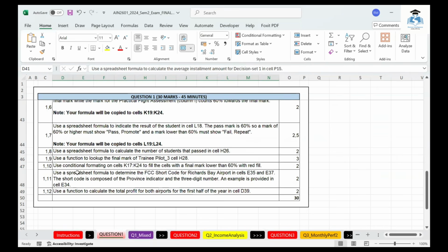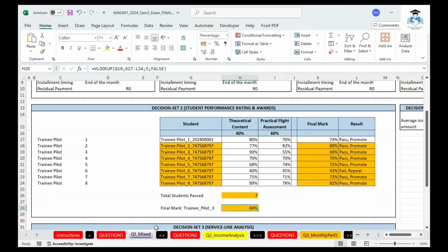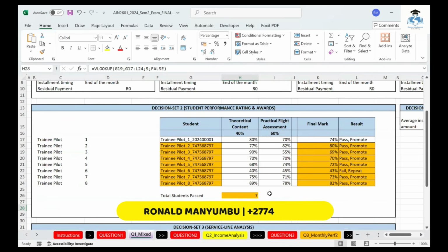Now it says use conditional formatting on cells K17 to K24 to fill the cells with a final mark lower than 60% with red fill. The keyboard is in trouble there.